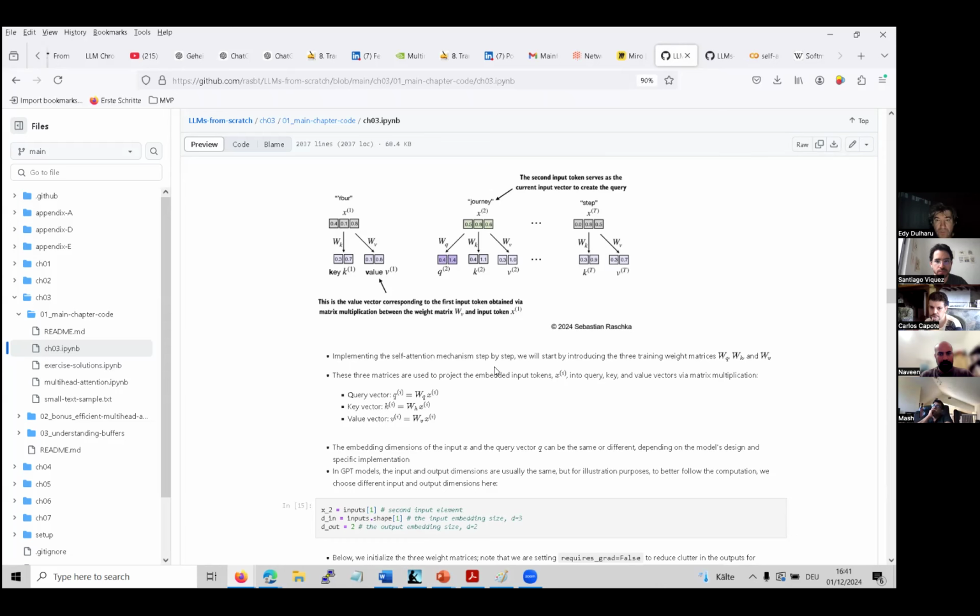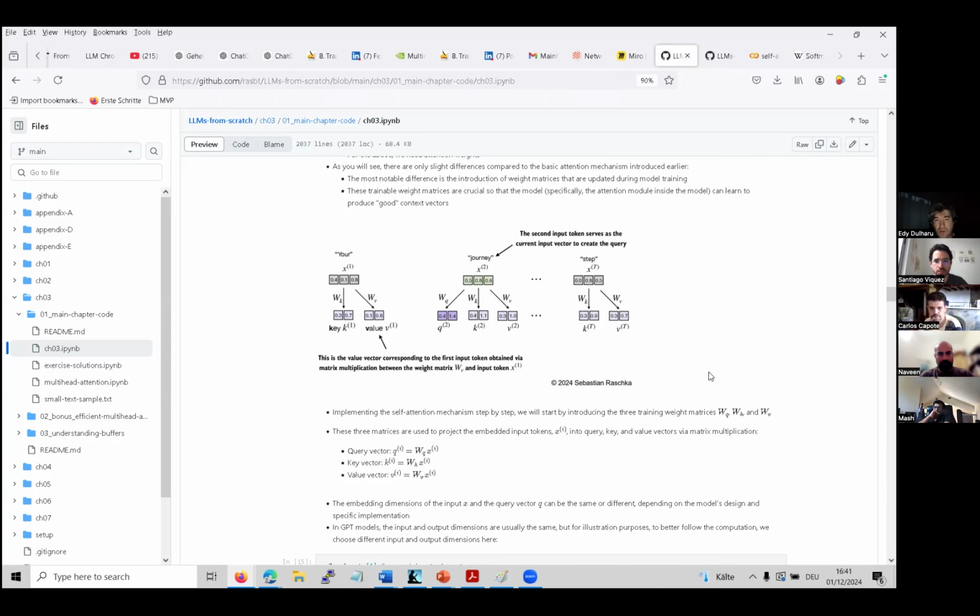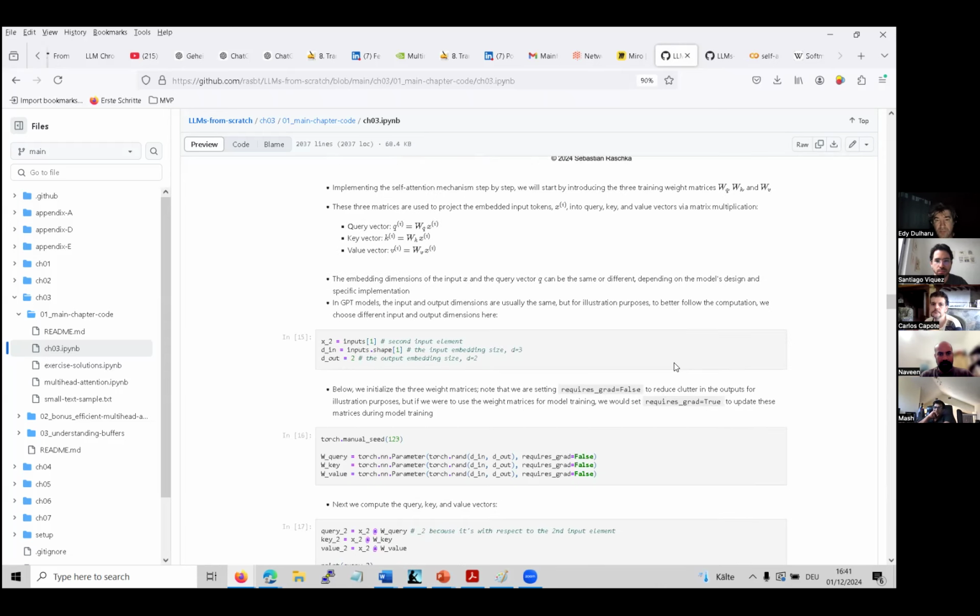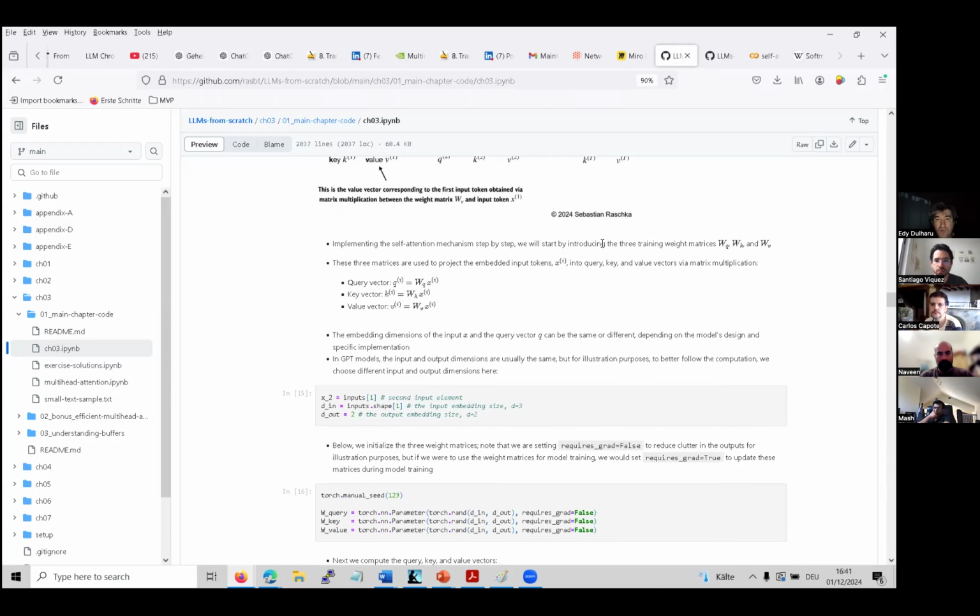So we said that in this trainable matrices approach, we introduce these 3 trainable weight matrices, and we use them to project the input embeddings into query, key and value vectors.